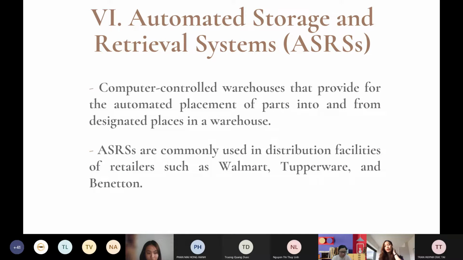Okay, then we turn to the automated storage and retrieval system, ASRS, which means the computer-controlled warehouse that provides for the automatic placement of parts into and from designated places in a warehouse. ASRSs are commonly used in distribution facilities of retailers such as Walmart, Tupperware, and Benetton.